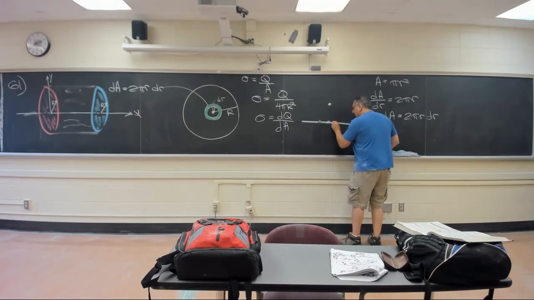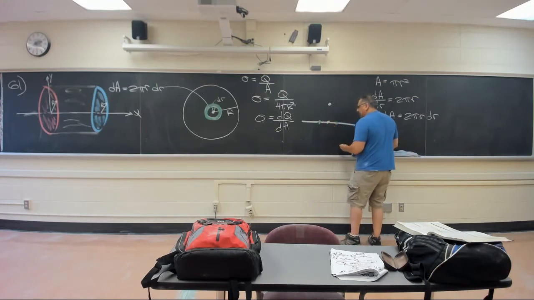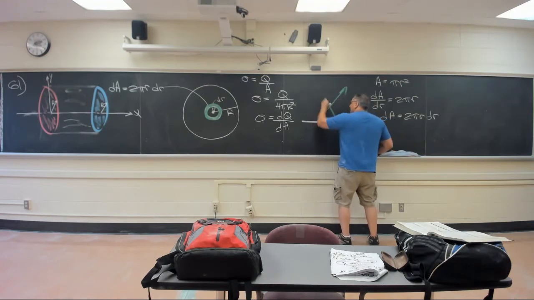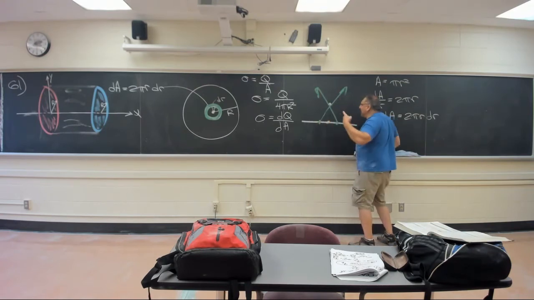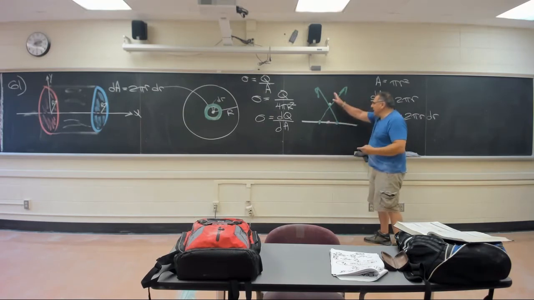Here's a cross section of the disk, here's a cross section of the disk, and this guy's firing this way, this guy's firing that way, the other guy's firing that way into the board, the guy out here is firing that way into the board, looking just like these two.